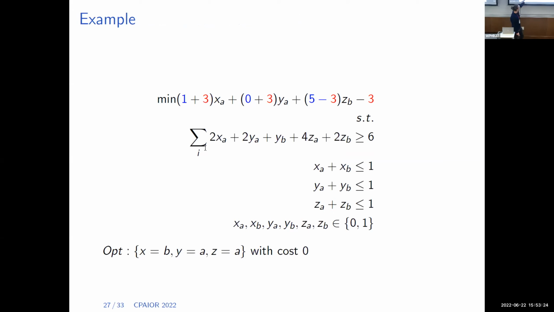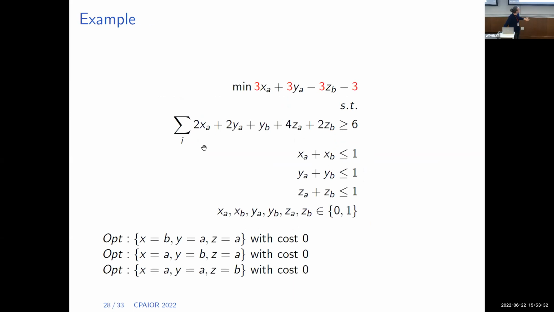And so now if we solve these problems, we can find that the optimal solution is 0, which is what I wanted. And moreover, if I only look now at the delta cost, which means the pseudo-Boolean constraints only, I can see that there are several optimal solutions.